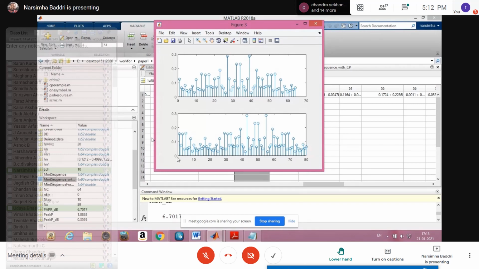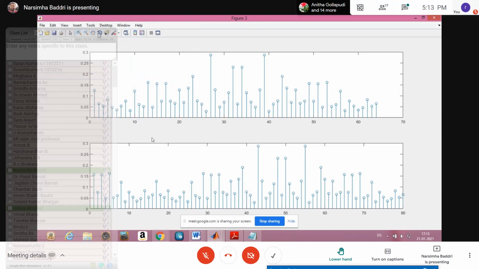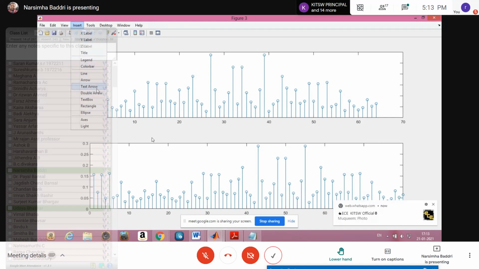So the last 16 samples will be appended in the beginning of this data stream. Now in the second figure, the length of this data stream becomes 80 samples. The first 16 samples are taken from the last portion of the data. Here you can observe these three samples, followed by the data.